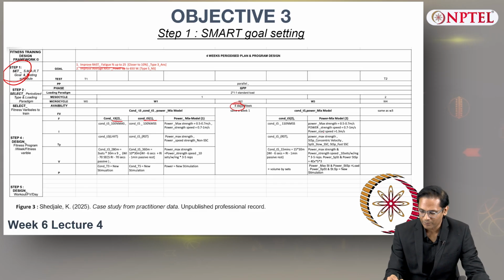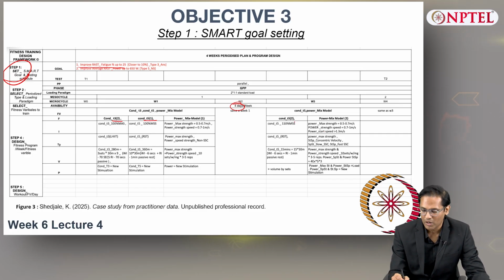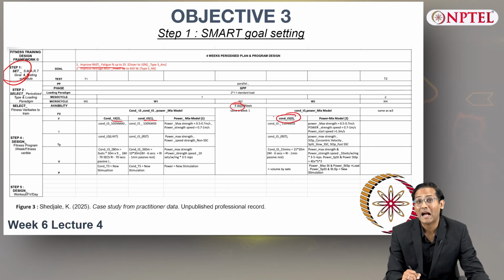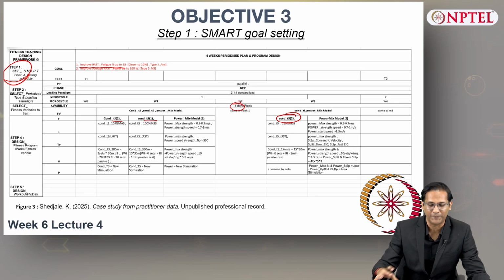The next block, the focus completely shifts from aerobic conditioning to training more at higher intensity. This is the first cycle. This is the 2nd cycle of the training.